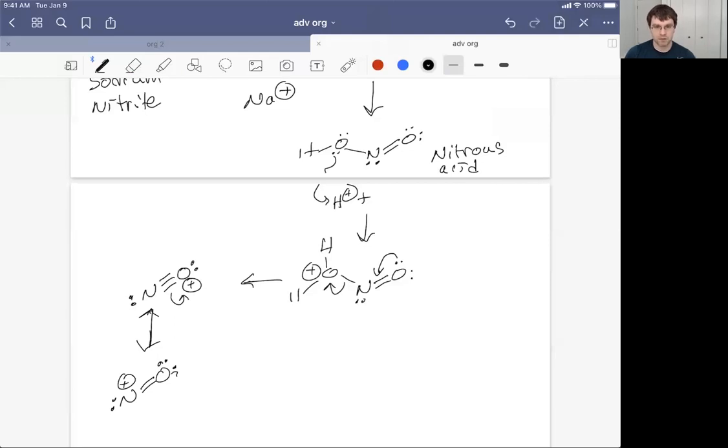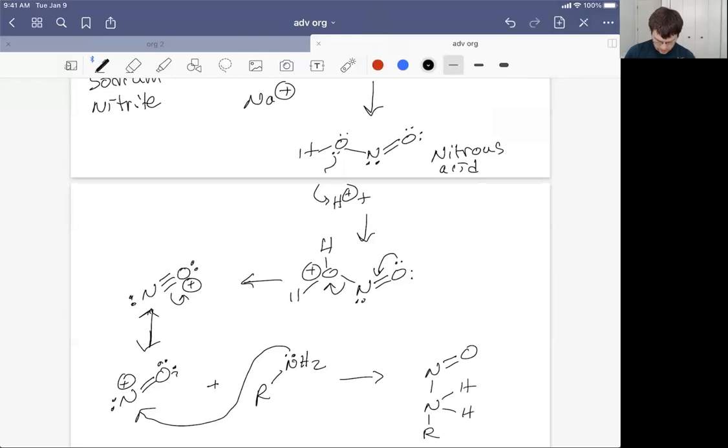Okay, so this isn't the best formal charge, but allows us to see why nitrogen is electrophilic. So it could engage an amine nitrogen by way of its lone pairs to give us this structure.